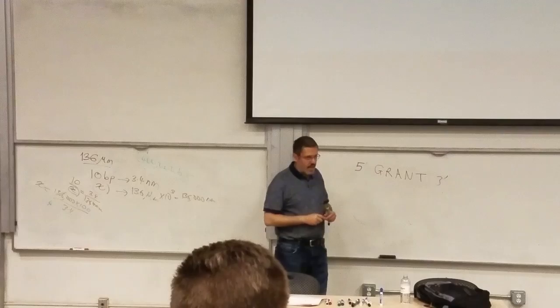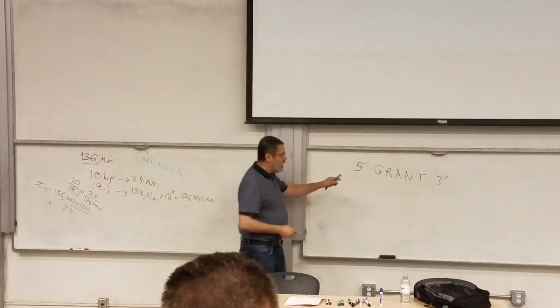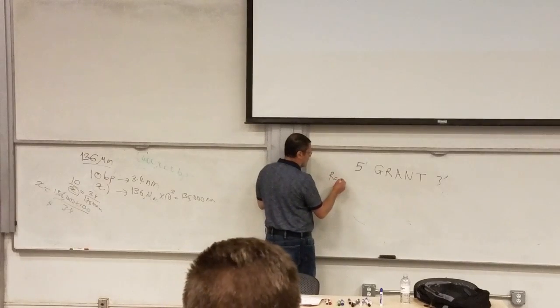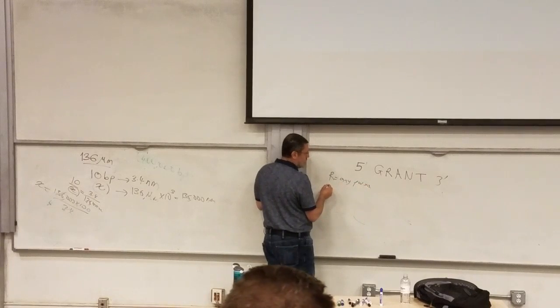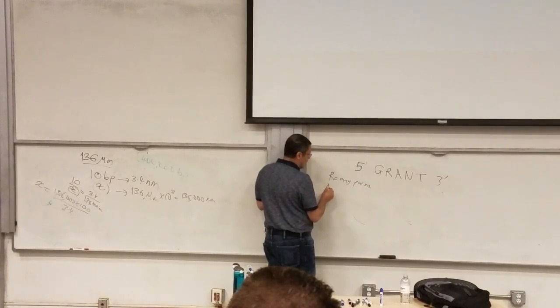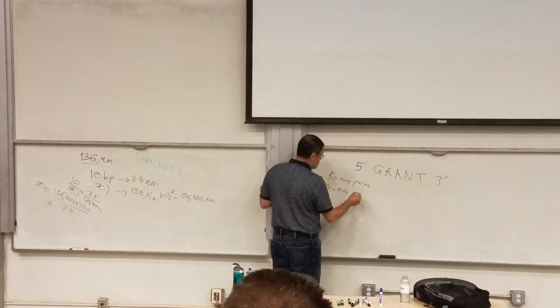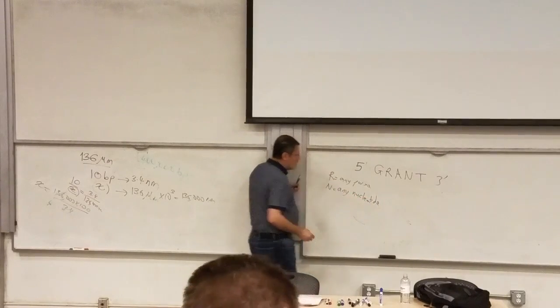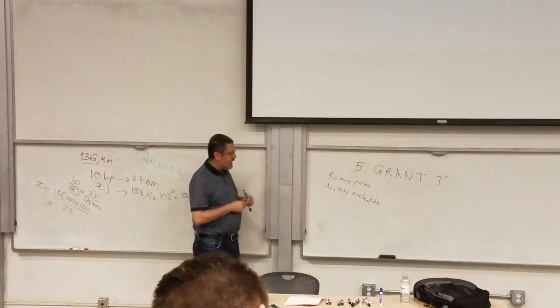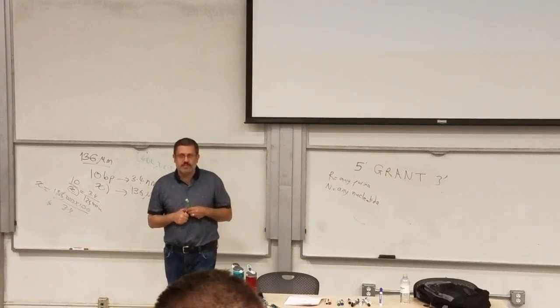The sequence is GRANT. Now, G is a G, easy enough. R is any purine. Here's the given. R is any purine, and N is any nucleotide. So R is any purine, N is any nucleotide. What is the likelihood of finding a sequence that reads GRANT?